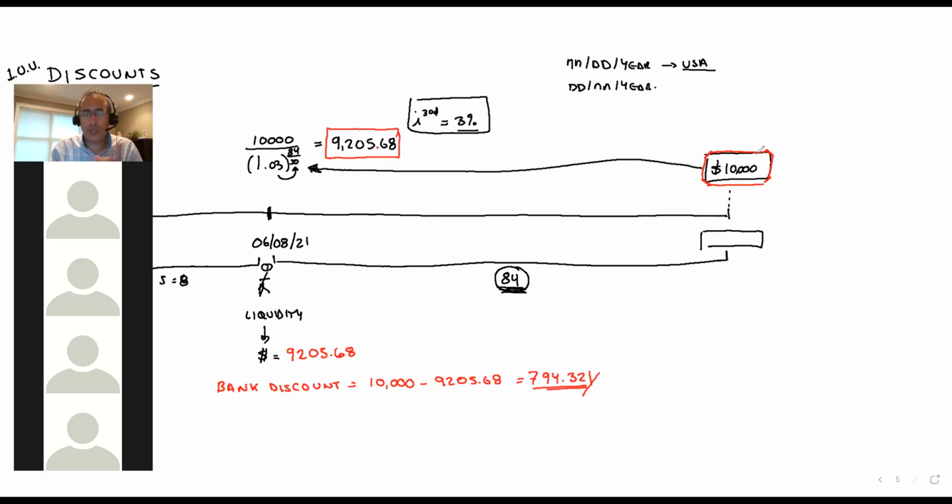Now, there are two situations. One case, what happens at the end? Case A, the bank is fully responsible. So the bank has all the risk, the collection risk. So what is the meaning of that?